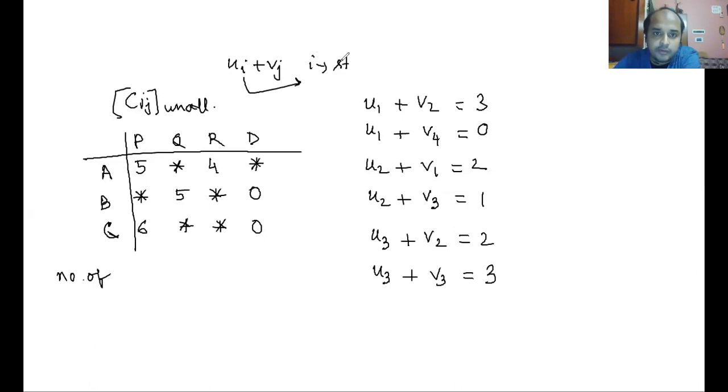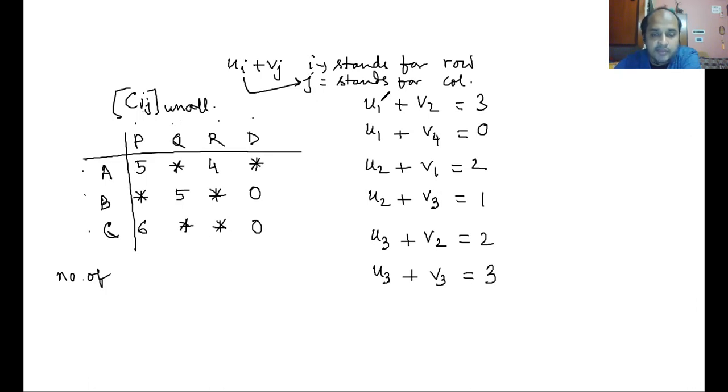Ui plus Vj: i stands for row, j stands for column. Okay, so this is your first column, first row, second row, third row, first column, second column, third column, fourth column.